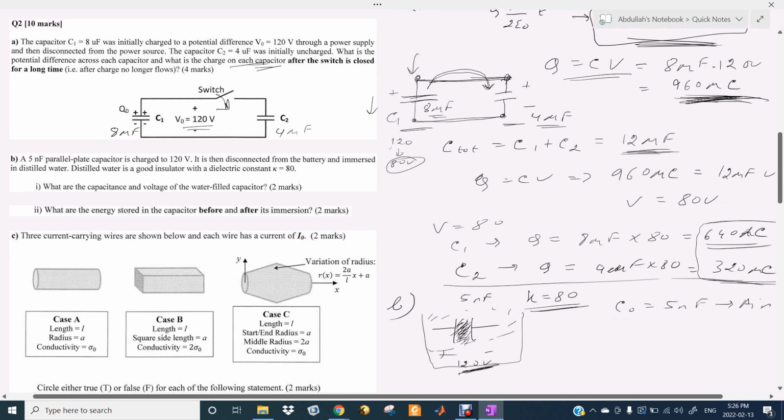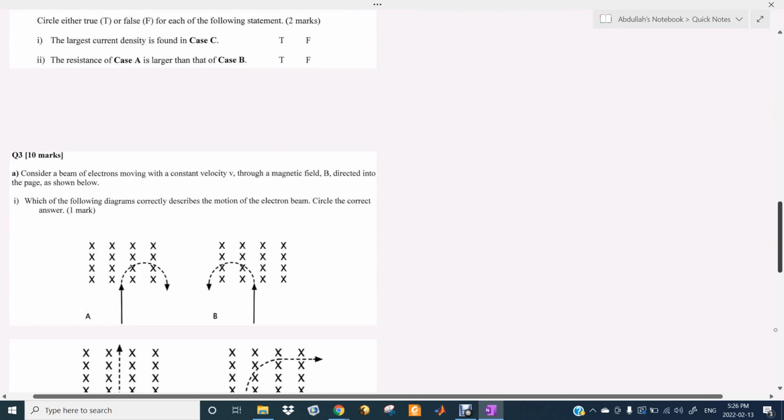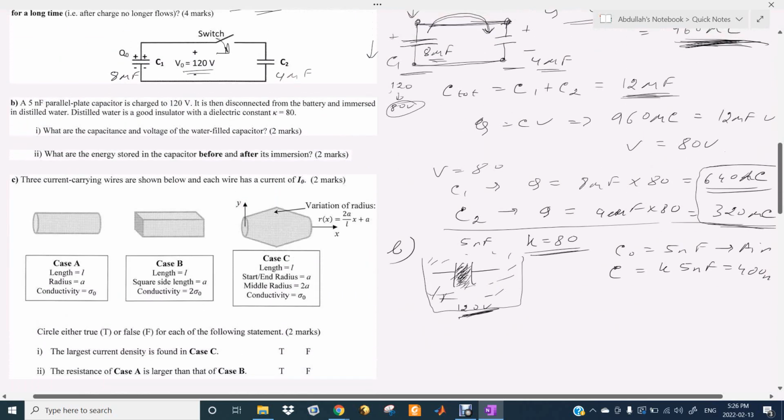Since now you have water inside it, your new capacitance will be K times this 5 nanofarad, so that's 400 nanofarad. So you see the capacitance increased.